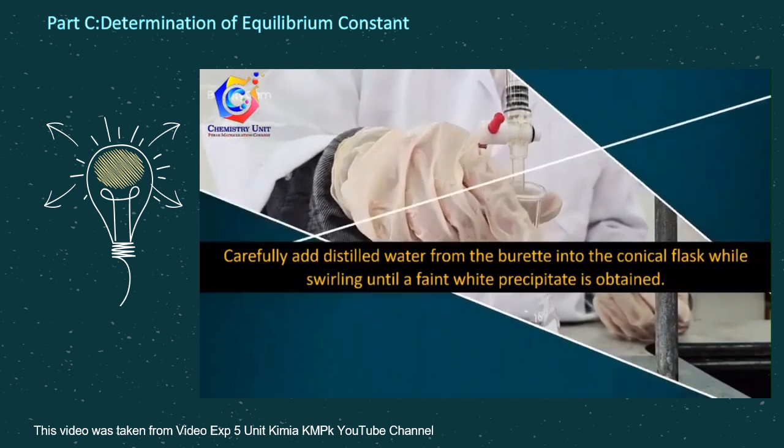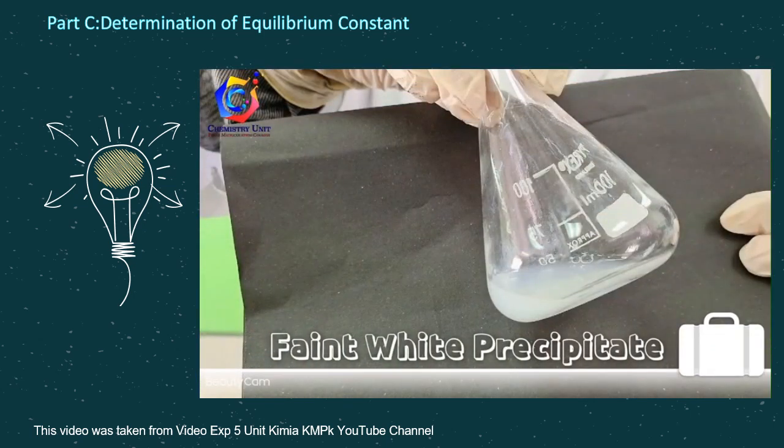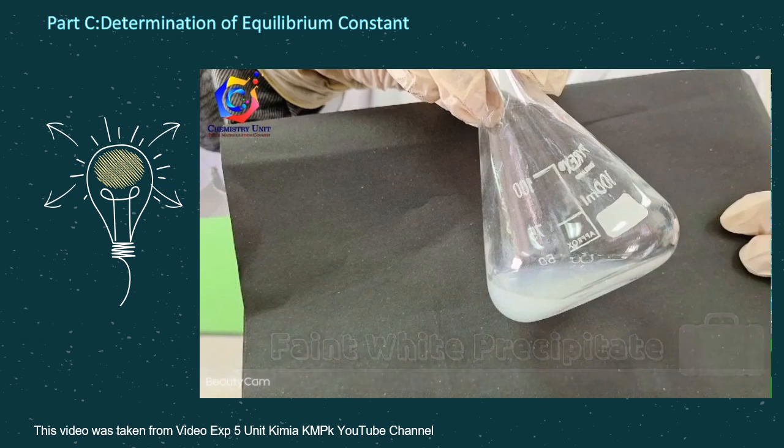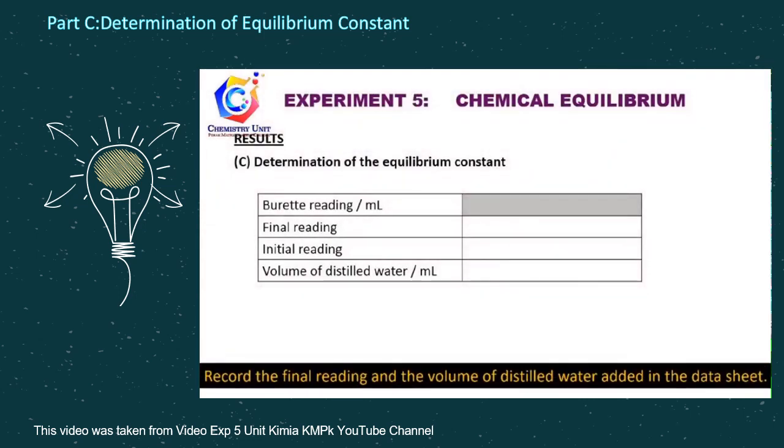This is what we want, the faint white precipitate. Record the final reading and the volume of distilled water added to the conical flask.